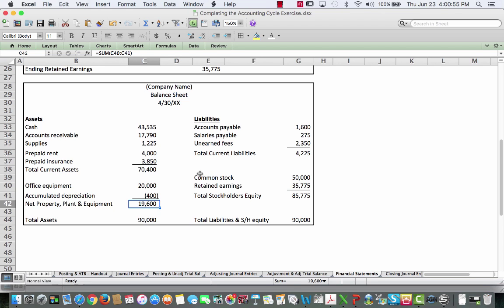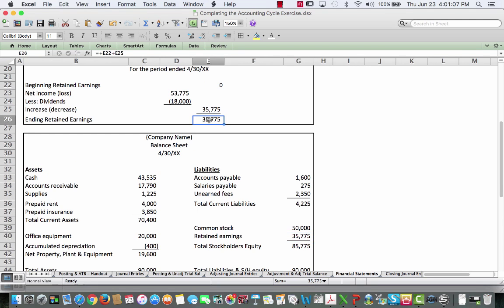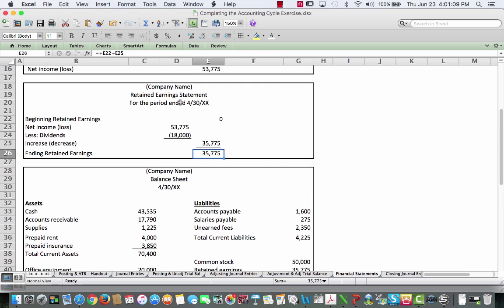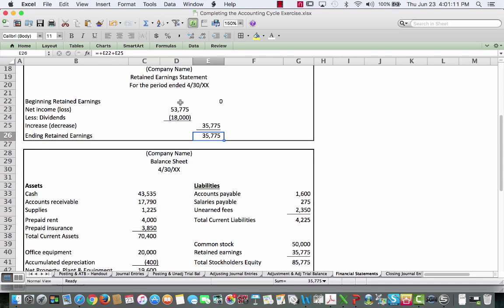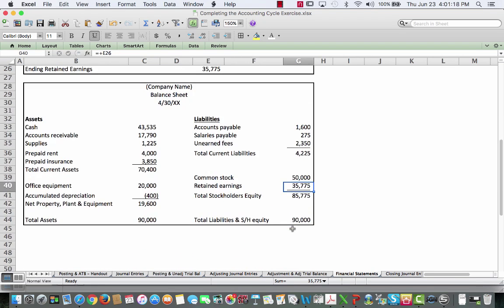And here we have equity. Our equity is made up of common stock and retained earnings. And you notice that the retained earnings was determined and taken from the retained earnings statement here. Again, you see the relationship between the retained earnings statement and the balance sheet.